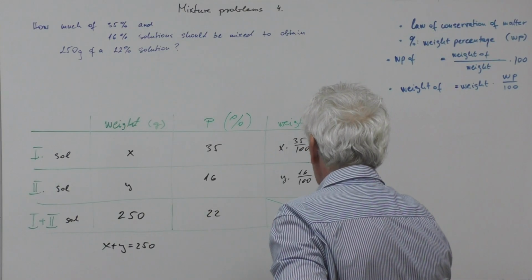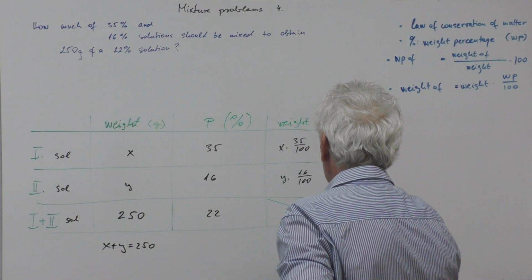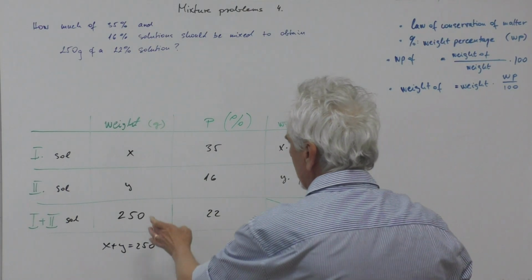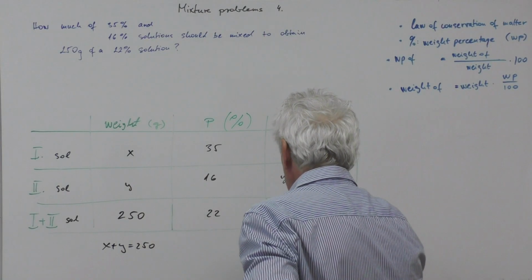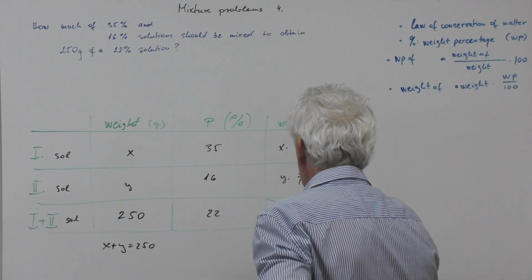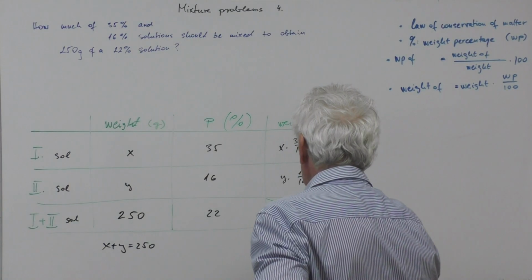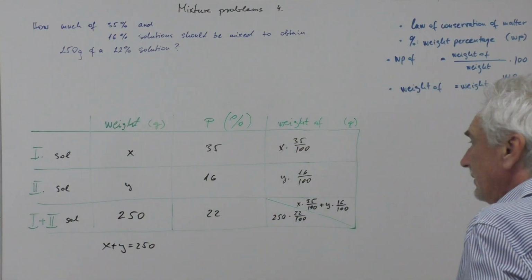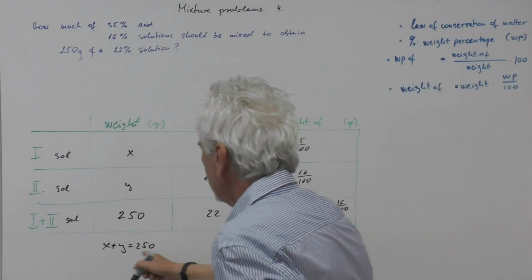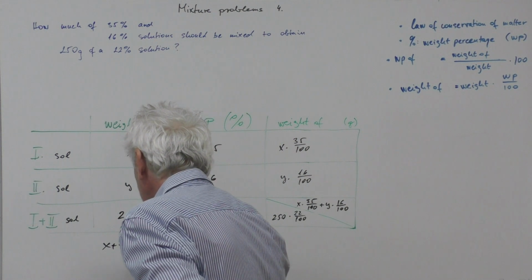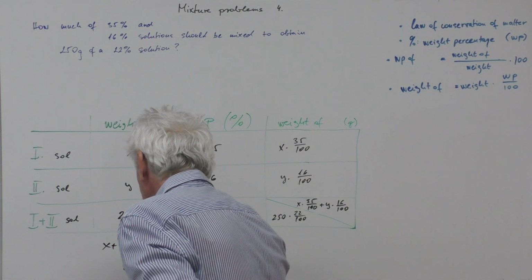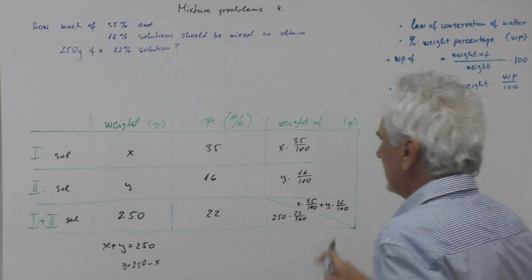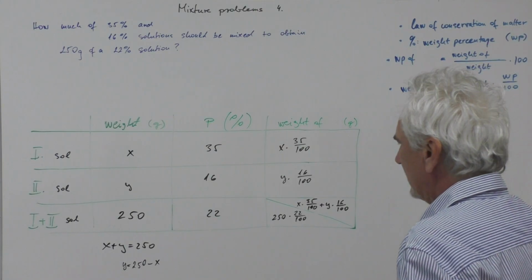So x times 35 over 100 plus y times 16 over 100 is the same as the weight of the new solution times the weight percentage of this solution over 100. Basically we have two unknowns, but from here we immediately get that y is 250 minus x. So for y I can write this back.